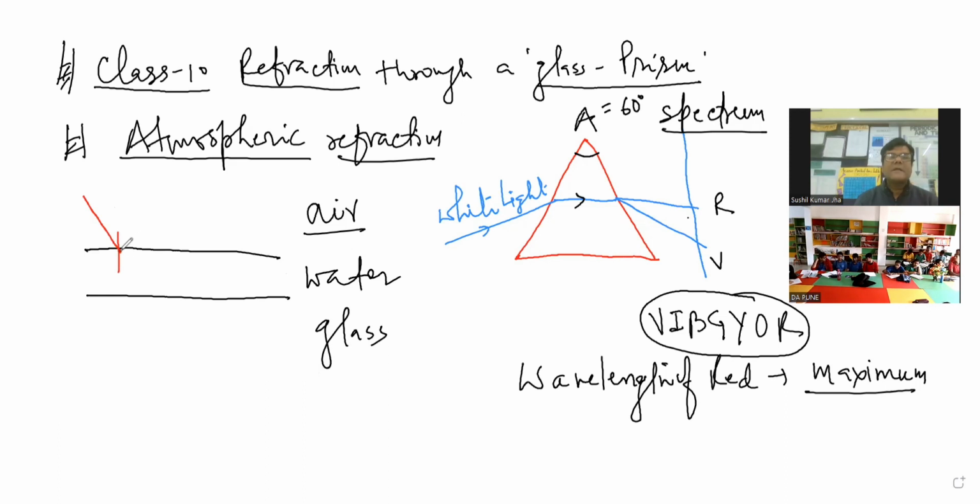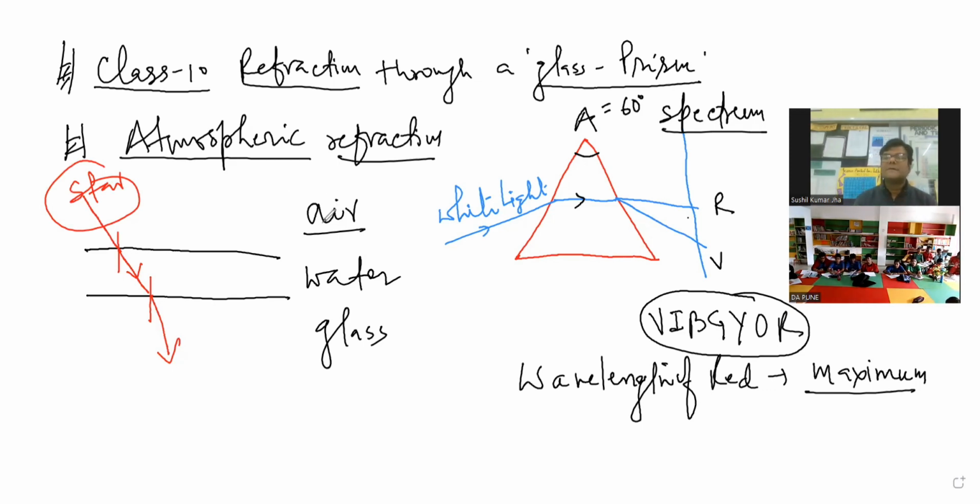It will be a little closer to the normal. Now it is moving into the glass, which is more dense, so it would be even closer to the normal. So what is happening? The respective position of the light is changing, and that is why, if this is the star or anything, its position appears to be shifting or changing.